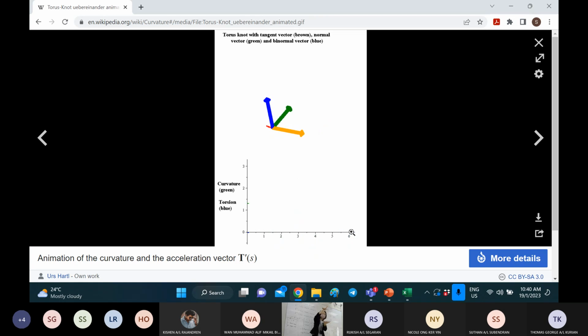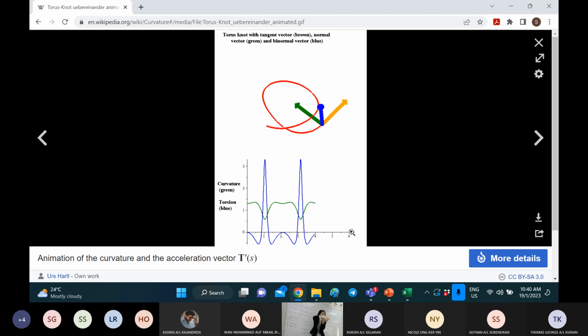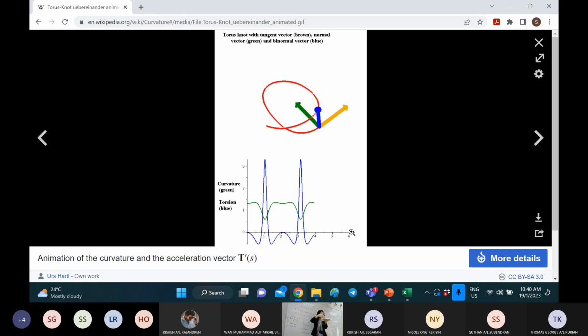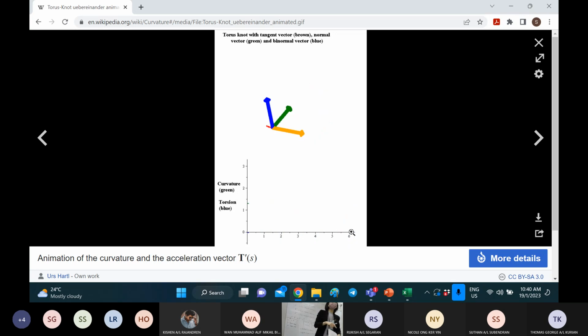When it flips inner side to the direction of the normal vector, the value of torsion is negative, and when it suddenly spikes, that means it flips out to the direction which is opposite to the normal vector. That is torsion.